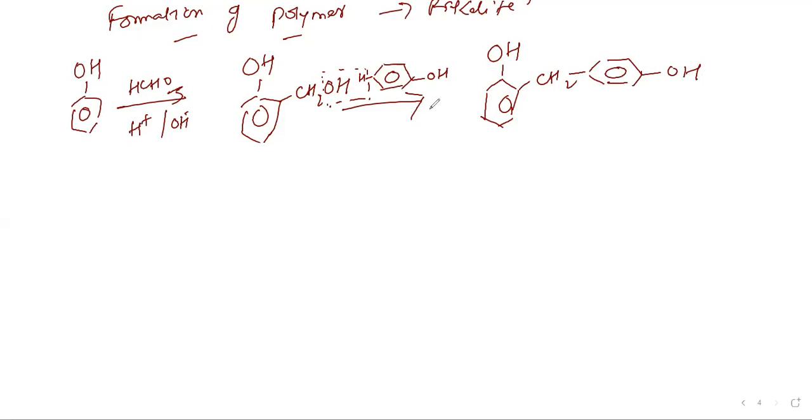Now, if you take excess of formaldehyde, as I said, you will get disubstituted and tri-substituted products, right? So HCHO, it will further react to form a polymer where different phenol rings, like here, you can see two phenol in this product.